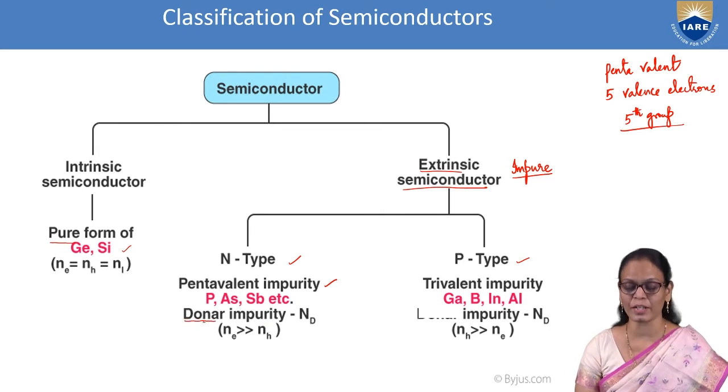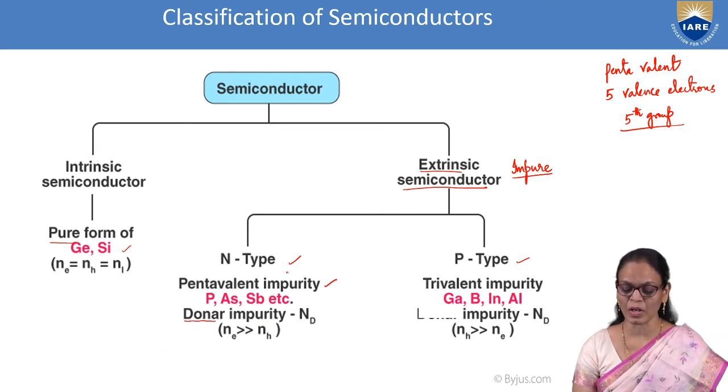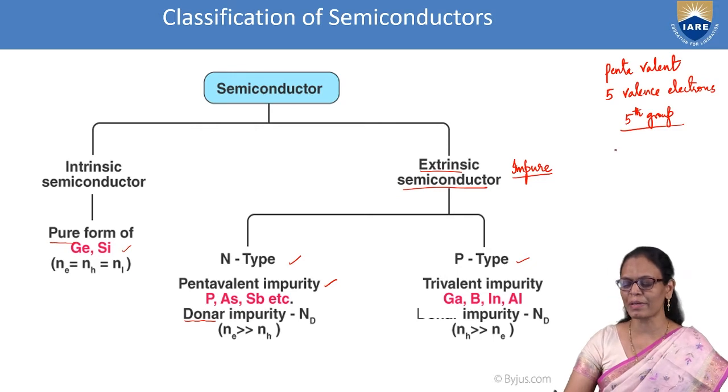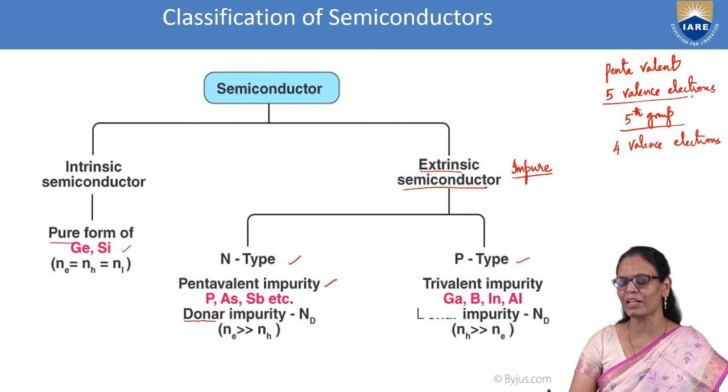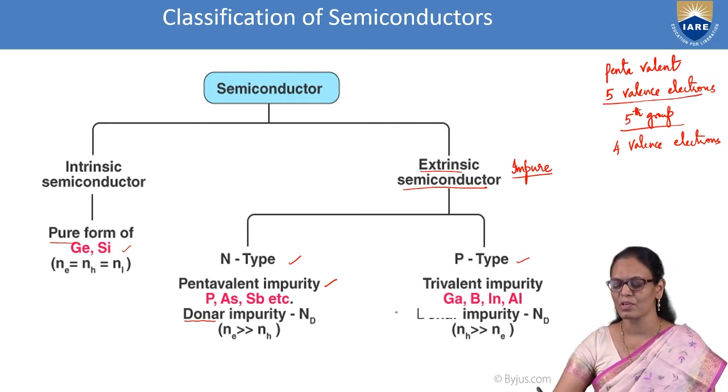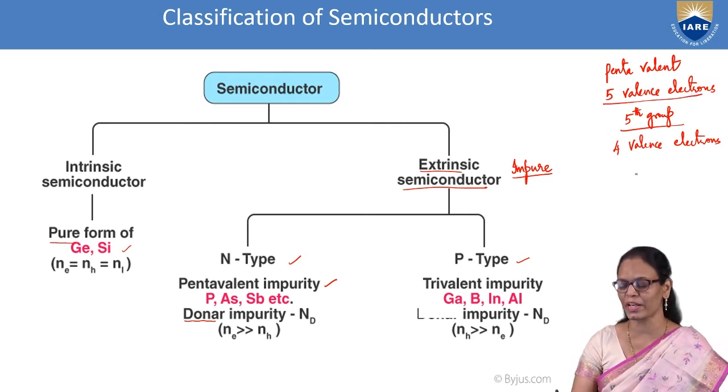Why is it a donor impurity? A semiconductor like silicon has 4 valence electrons. Now we are adding a pentavalent impurity with 5 electrons. So total 5 plus 4, we get 9 electrons.